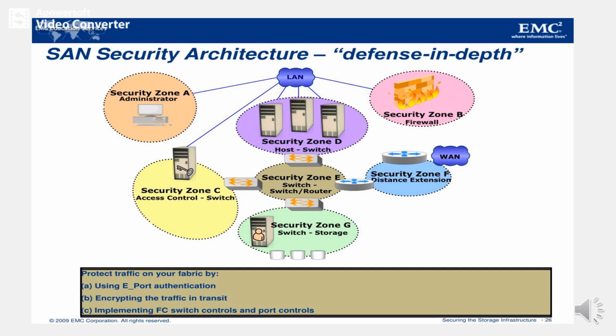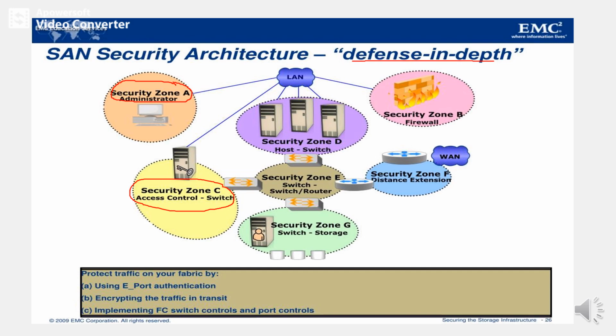In the diagram we can observe the SAN security architecture, which is nothing but defense in depth. Here we have different zones: security zone A, security zone B, security zone C, etc. The different zones are configured by considering either the administrator, or the access control switch, or the switch to switch or router connection.